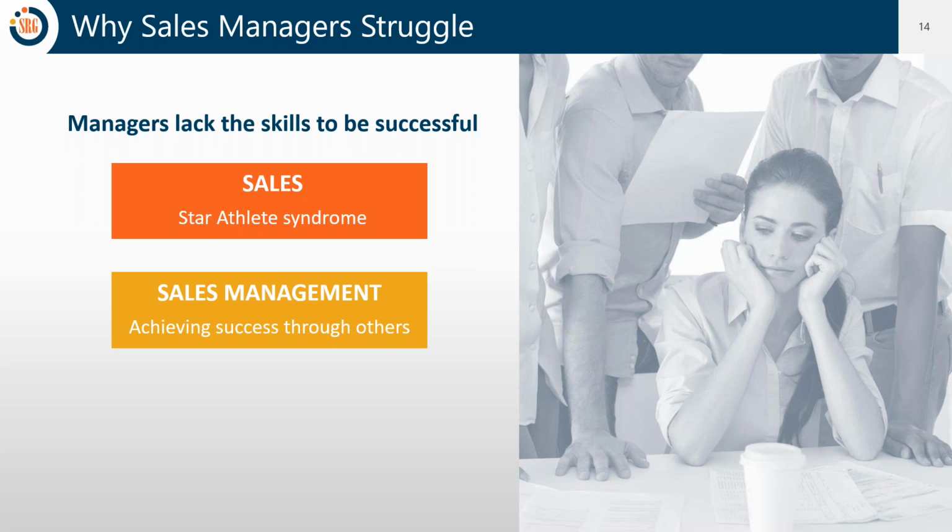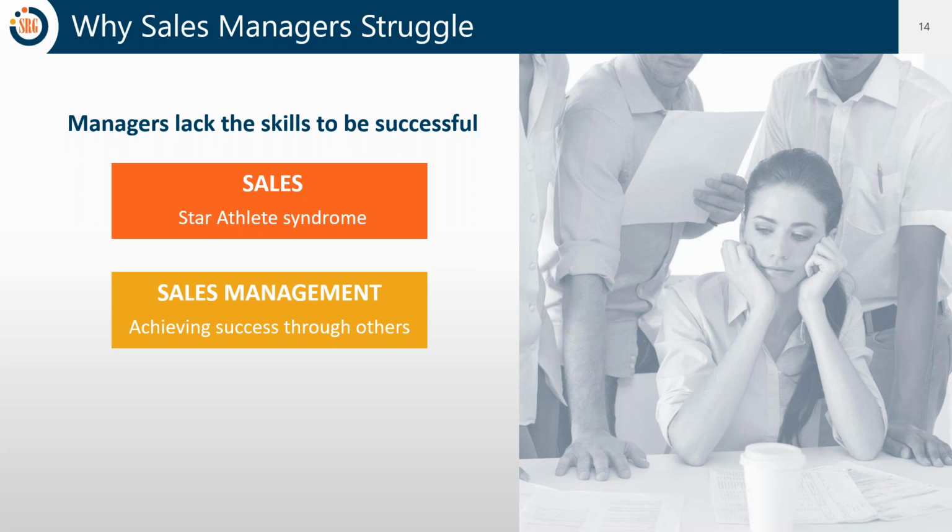I'm a full-time manager, and my success is based on how well my reps do on my team. So I think that shift in mindset is critical. Not everyone can make that. That's something I think that companies and organizations should look at very carefully when they look to promote, because a star athlete may turn out to be a wonderful manager if they can make that shift in mindset and really do want to achieve results through their teams.